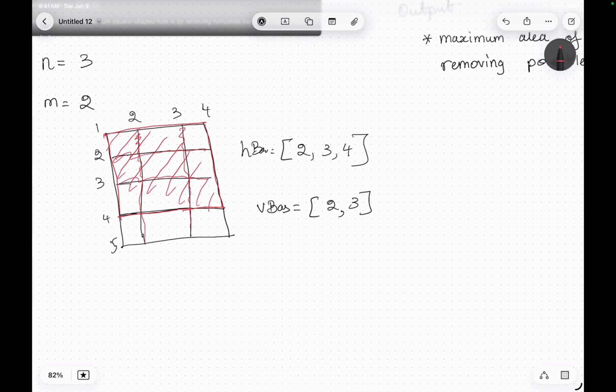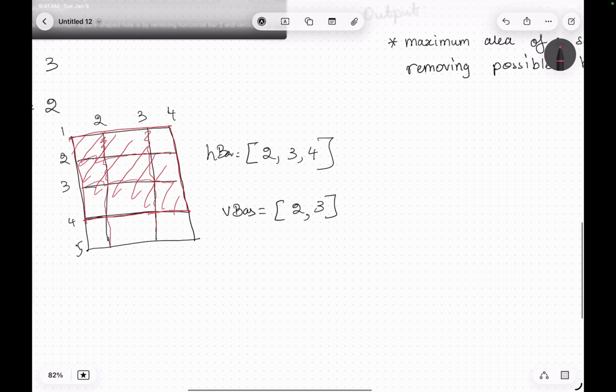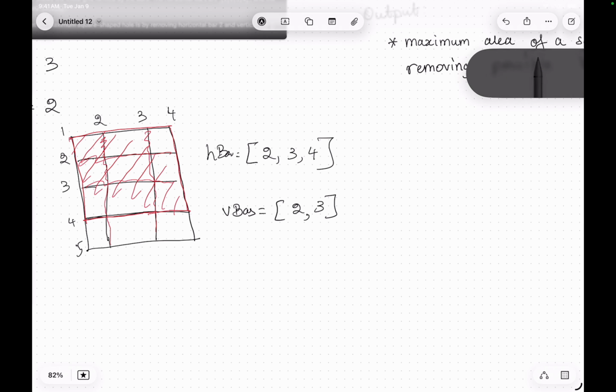Other than that, there is no bigger square where we can remove the bars to get the maximum area, right? So what observation can we note from this particular example?